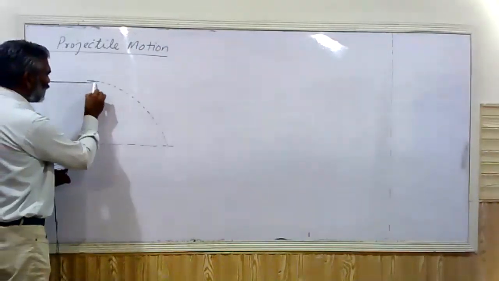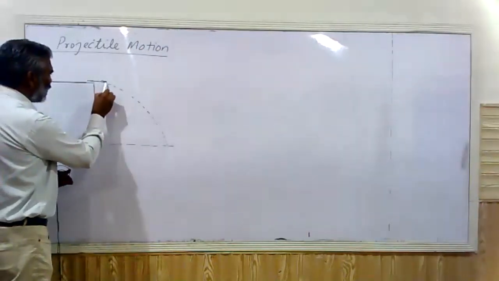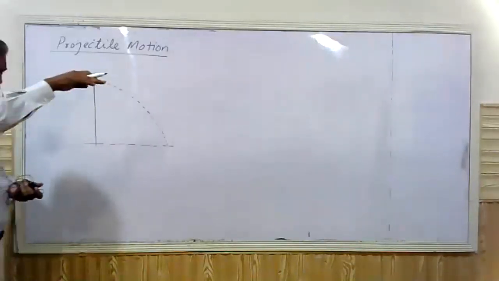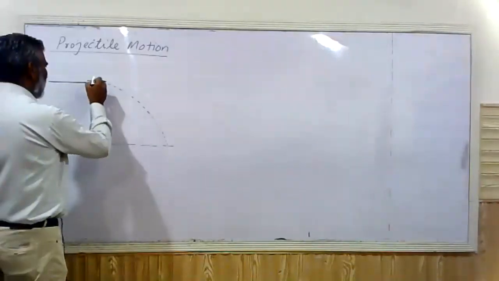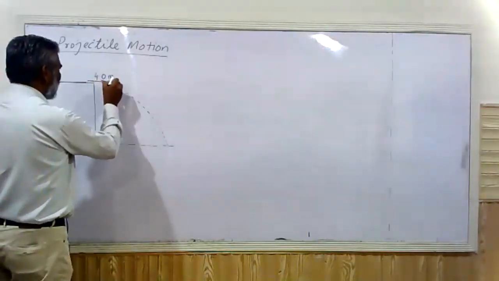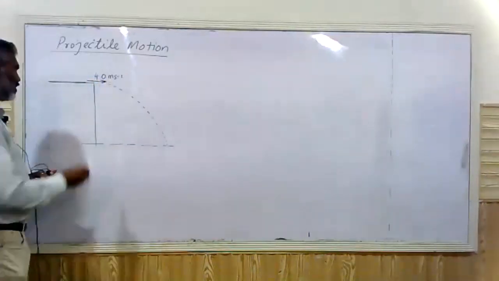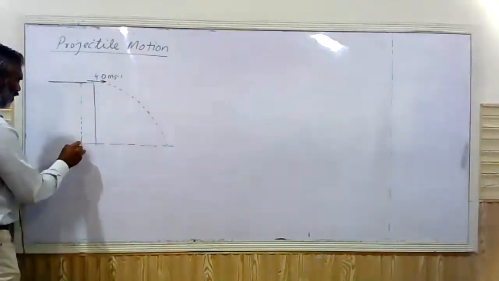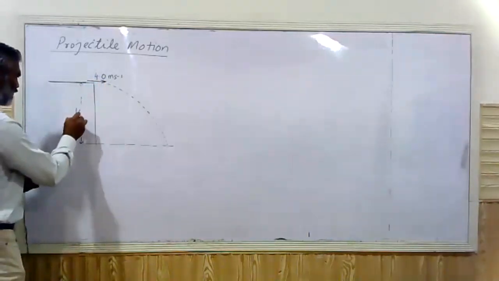Initially, the direction of motion is this. So this is initial direction of motion of the object with let's say certain velocity. I assume this is 4 meters per second. And you have dropped it from a height of, let's say, 10 meter.